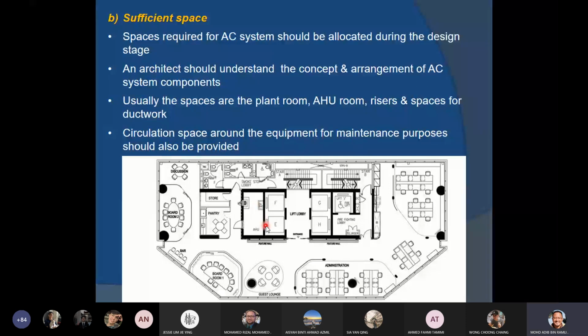As you can see from the images I've shown earlier, the AHU itself is not that big, but you shouldn't design the AHU room just nice to fit the AHU itself. You need to have some space to allow for maintenance around the unit.